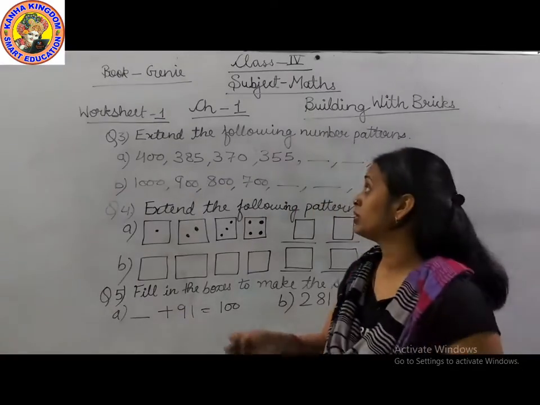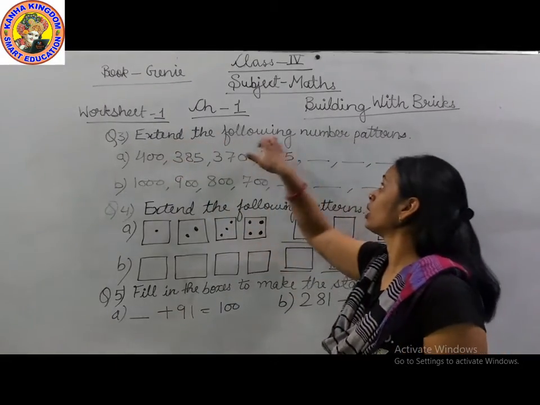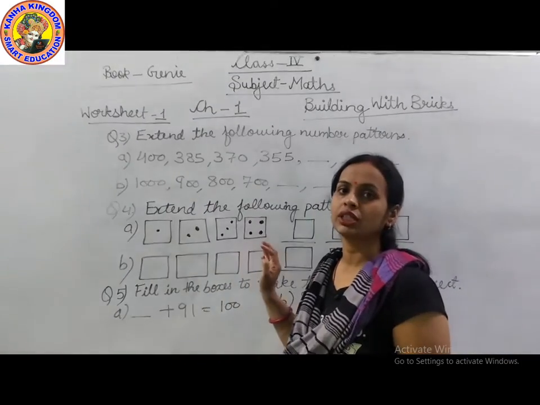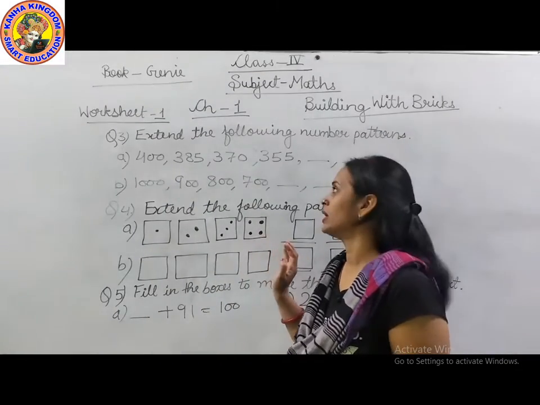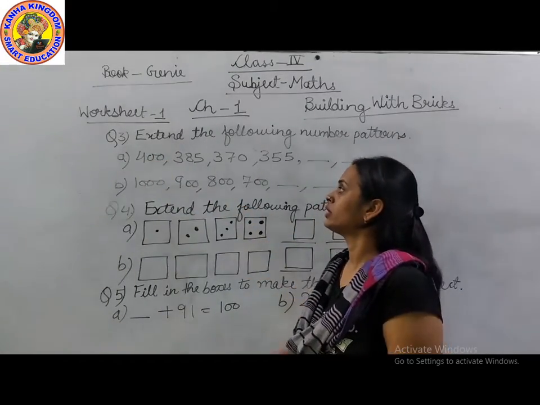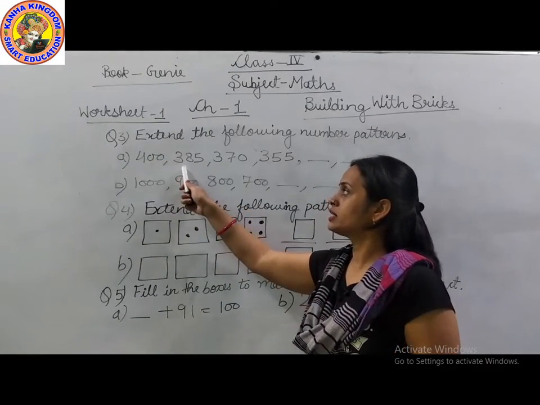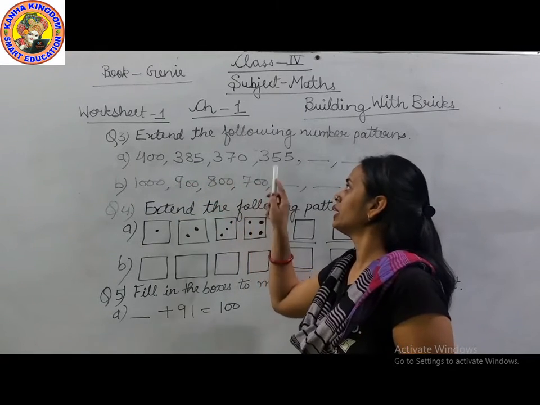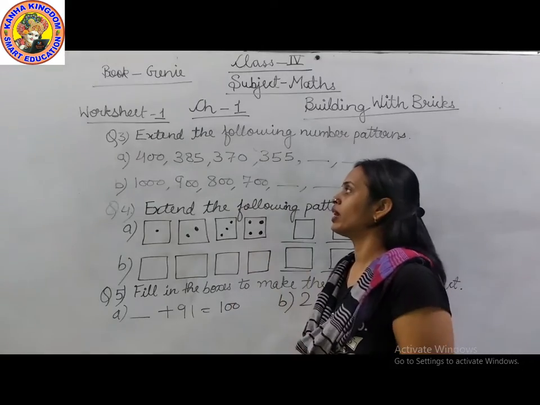Now our question number 3 is: extend the following number patterns. Okay. Our next question is extend the following number patterns. So question number 1 is 400. Then next digit is 385. Then 370. Then 355.